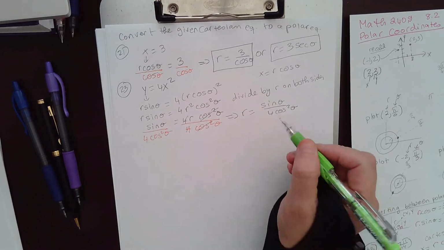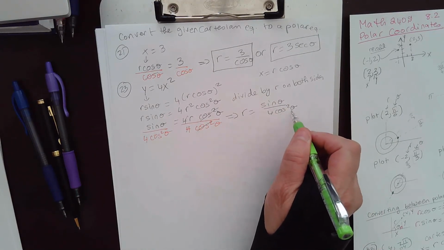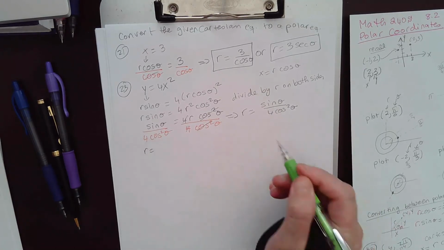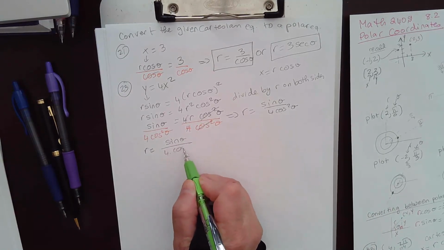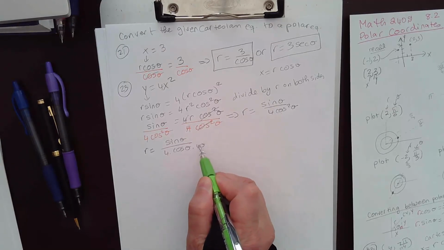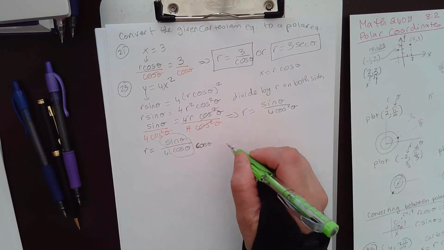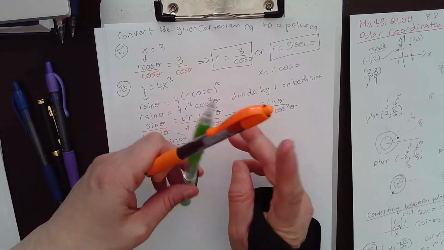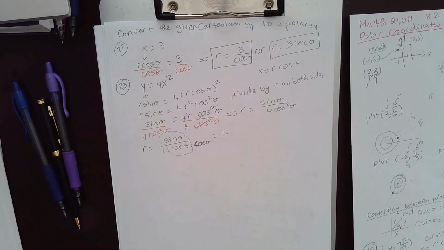Now we can leave it like this, but if you notice here, that gives me cosine times cosine, and I have here sine divided by cosine. So if I rewrite this, take a look. Sine theta over 4 times cosine theta times cosine theta. So this gives me a tan, you notice? So I rewrite it as, whoops, the 4 is in the denominator. Give me 1 second.